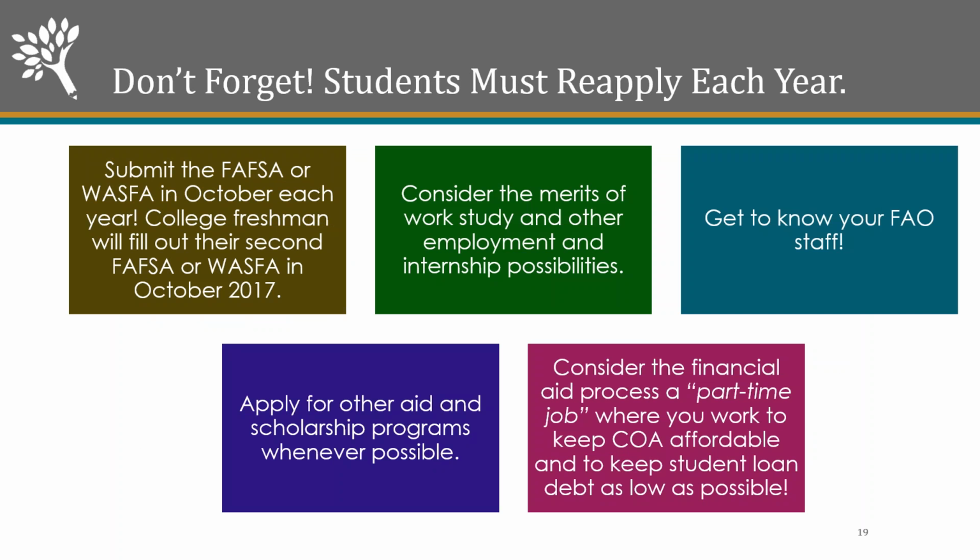We want to make sure that you have that award waiting for you every year, and doing that means applying in October or as soon as possible. The application will come out on October 1st, 2017 for the 18-19 FAFSA year. So you want to make sure that you are getting that information in so that you can be considered for those awards. Also look at work study options and employment and internship possibilities.